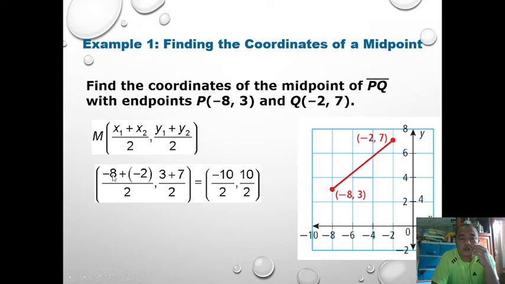So substitution, (-8 plus -2) all over 2, (3 plus 7) over 2, is equal to -10 over 2, 10 over 2, which is equivalent to (-5, 5). So therefore the midpoint of this line segment PQ is at (-5, 5), this particular point.